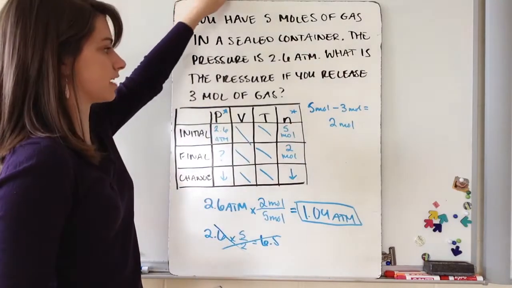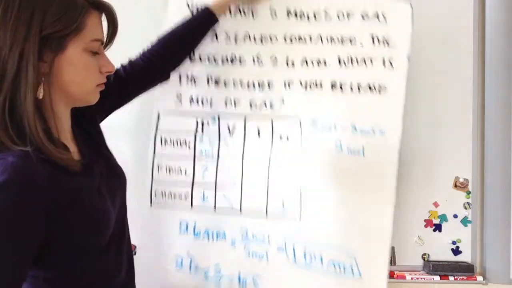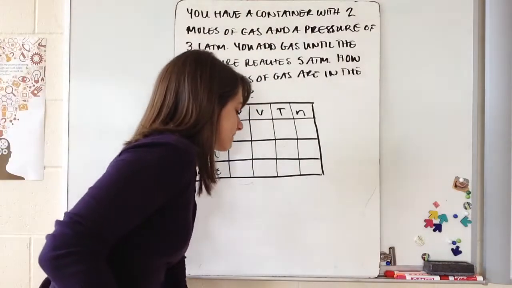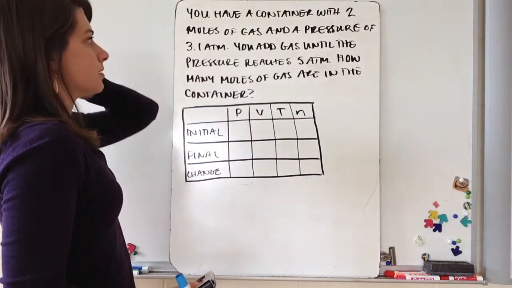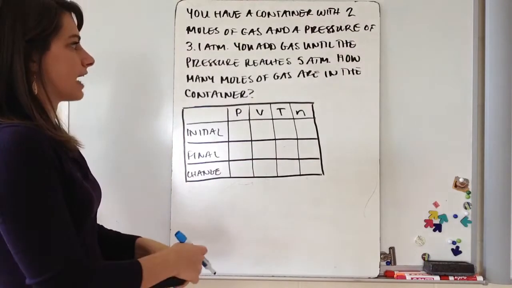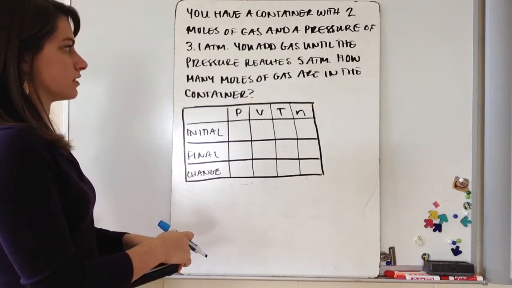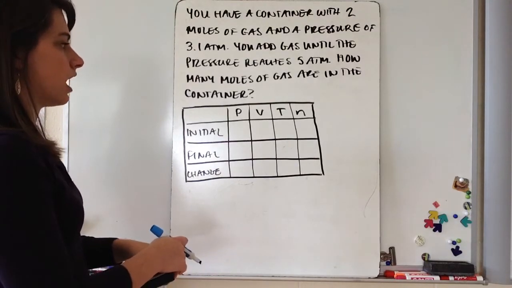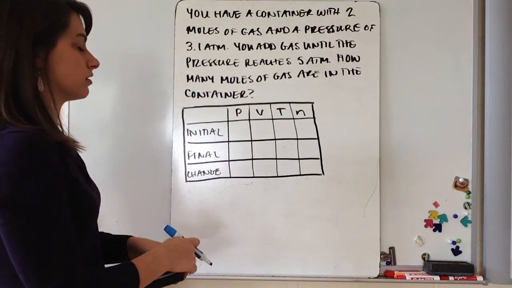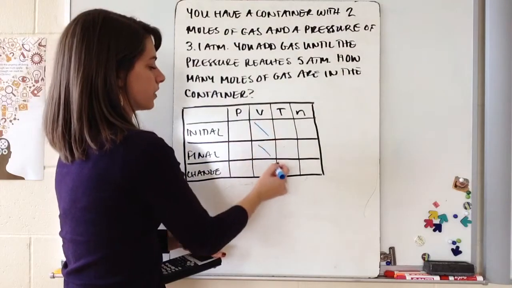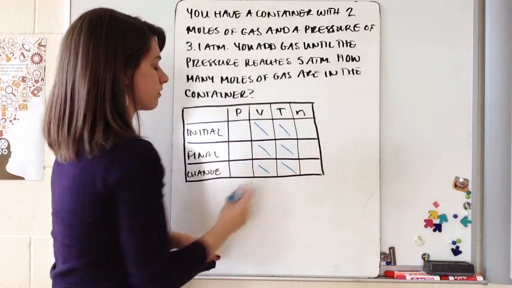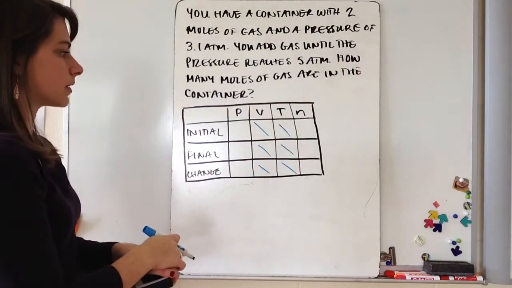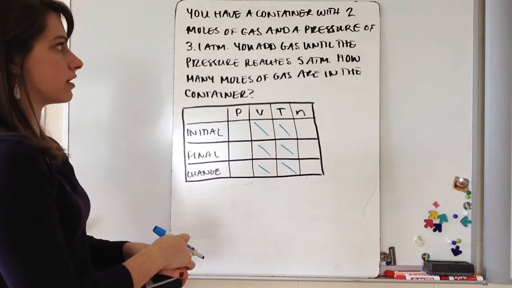Let's look at a second example. So this example says you have a container with 2 moles of gas and a pressure of 3.1 atmospheres. You add gas until the pressure reaches 5 atmospheres. How many moles of gas are in the container? So again, we're just focusing on pressure and number, so we can ignore volume and temperature. And we're going to start plugging in what we already know from the problem.